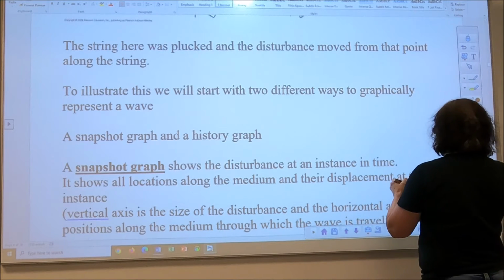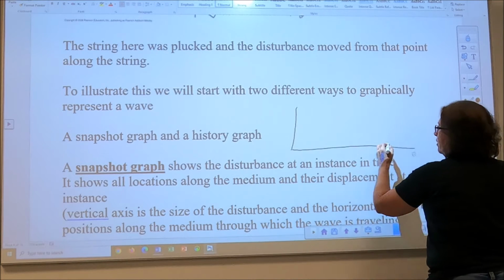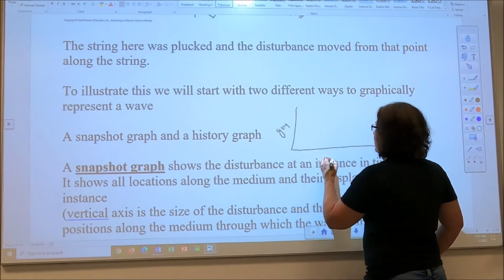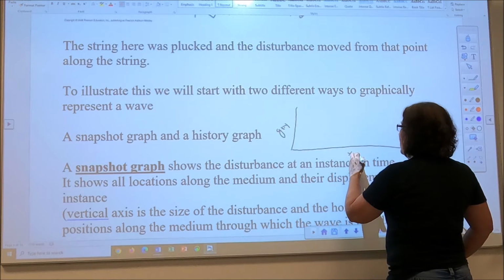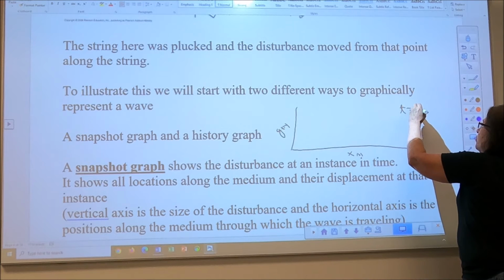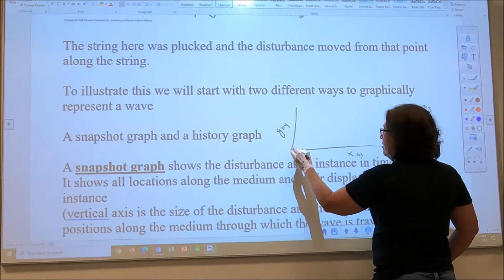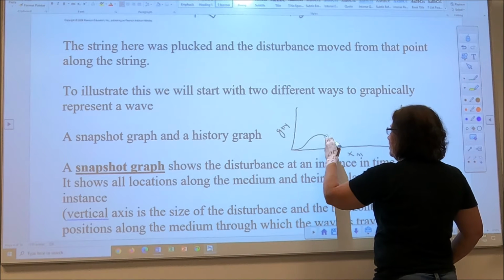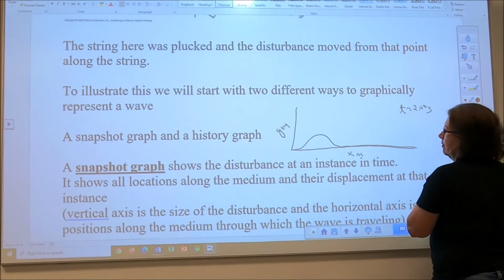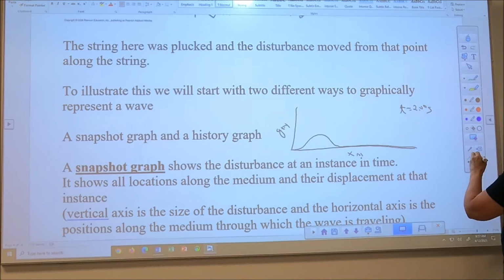So this would be maybe y in meters, and this is the x position in meters, and it might say at t equals 2.00 seconds. And it might do this. Okay, that would be a snapshot graph.